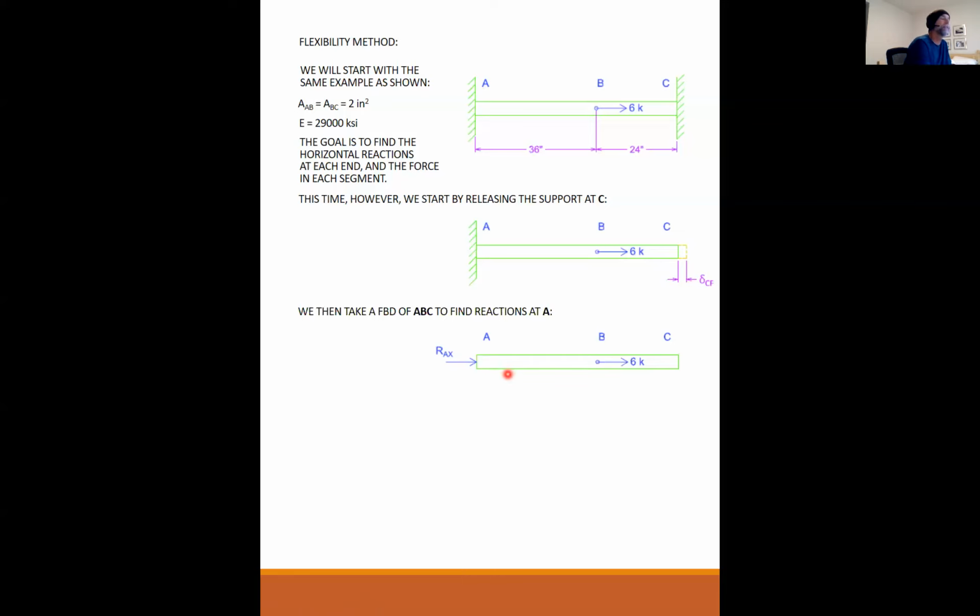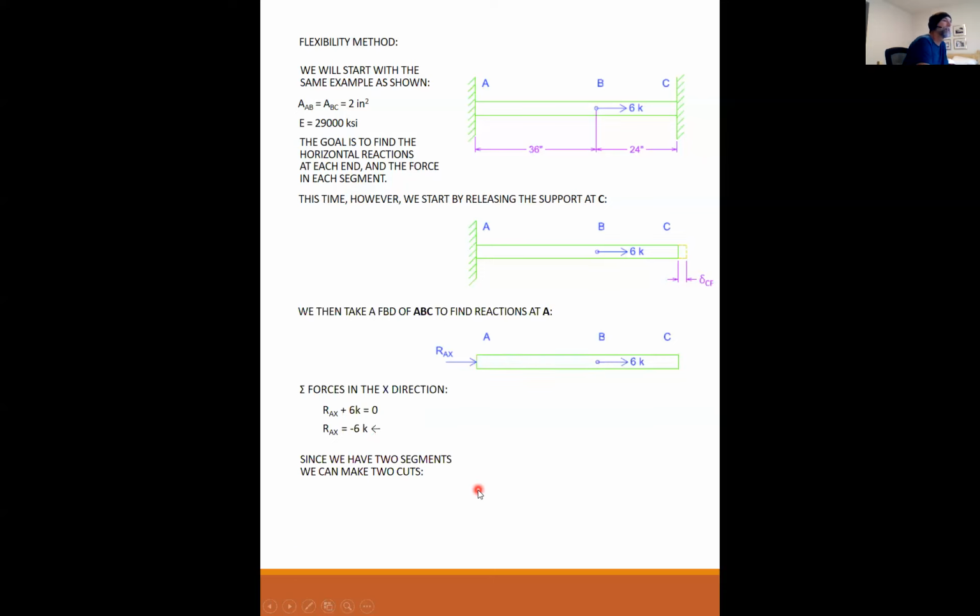So we just left those off for clarity. But I do have a horizontal reaction at A, and I have a load at B. There is no reaction at C because it's been cut free and free to deform. So sum the forces in the x direction. I have RAX plus 6 equal to 0. So RAX is going to be a minus 6 kips to the left.